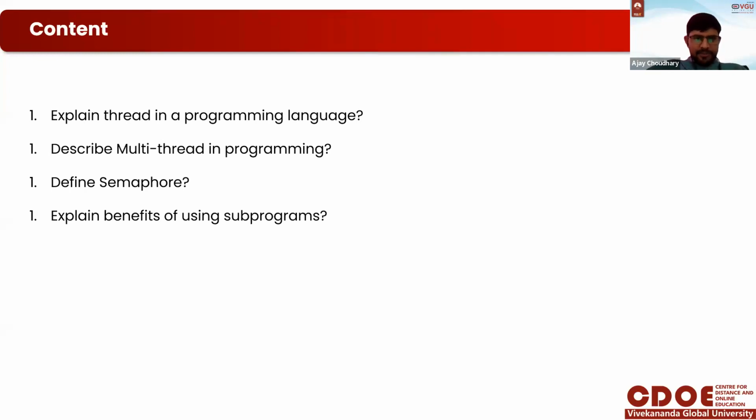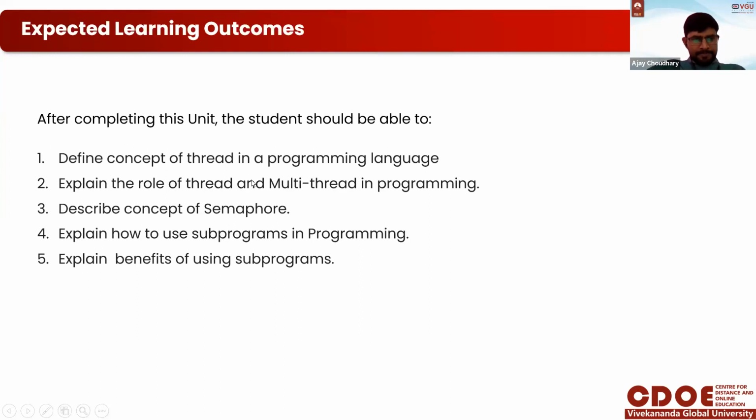So in this lecture, we learn what a thread is in programming languages, what multi-threading is, the third topic is semaphore, and lastly, what is the benefit of using subprograms. After this lecture, we will all get knowledge about threading, multi-threading, and semaphores. These are part of processing and part of the operating system.